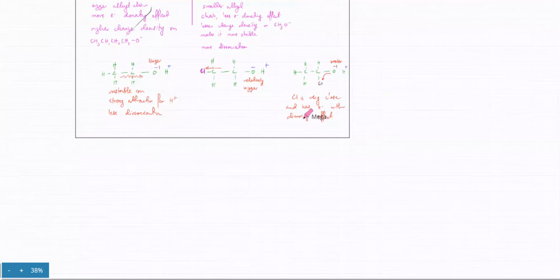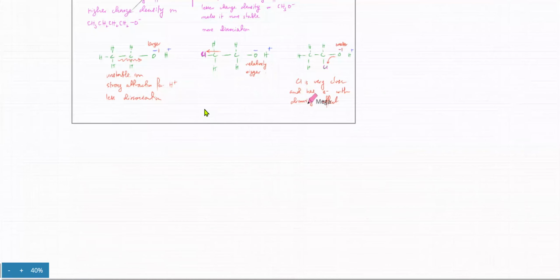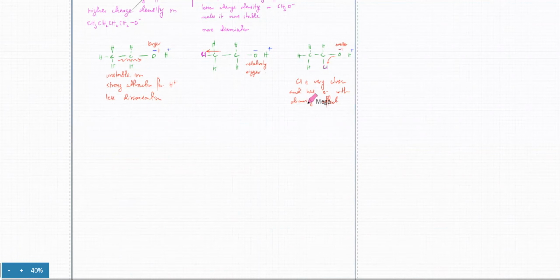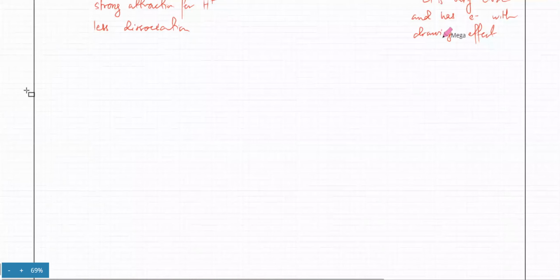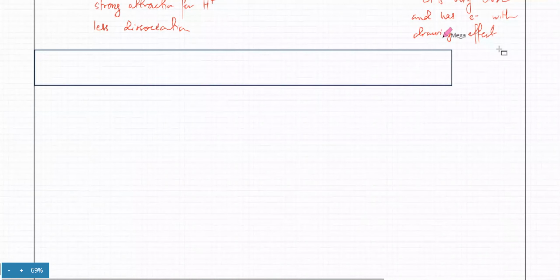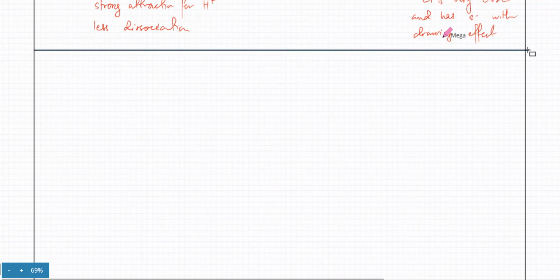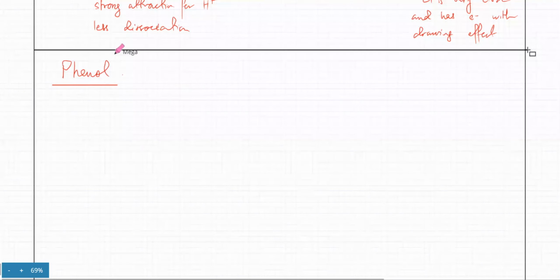ठीक है, next one. We're going to talk about phenols now. ठीक है.